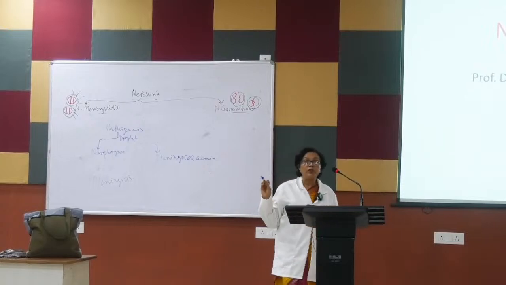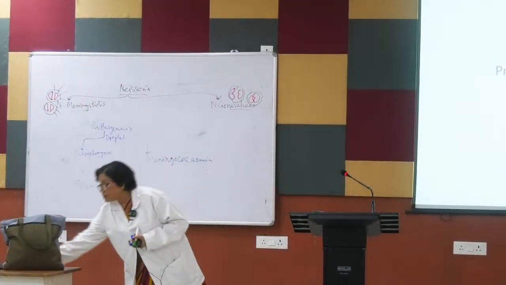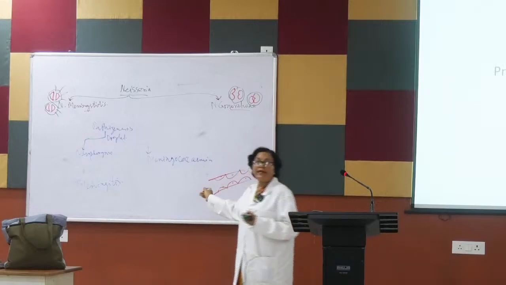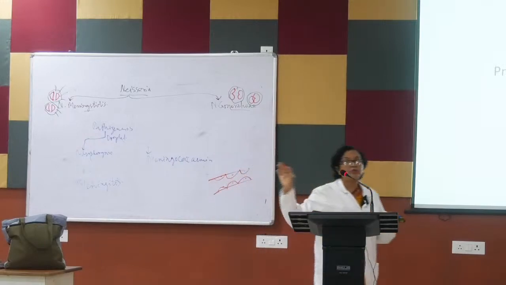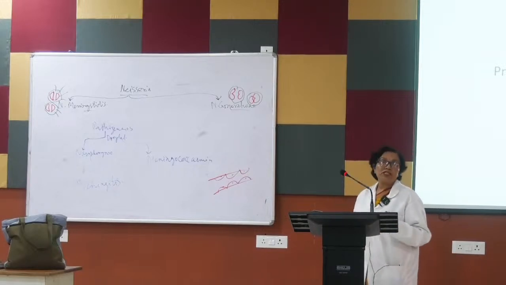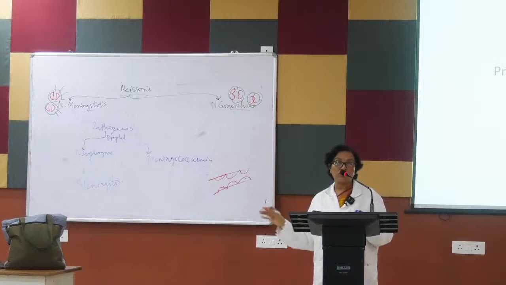It may go to the endothelial lining, the capillary endothelium. As the bacteria are in the blood, there will be destruction of the endothelial tissue due to necrosis of the vasculature, that is vasculitis, necrotizing vasculitis.